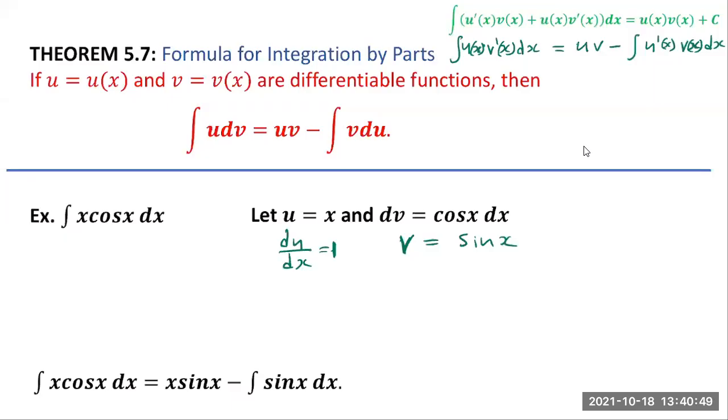By the integration by parts formula, I identified this to be my u and this to be dv. Then this should be equal to uv minus the integral of v du.